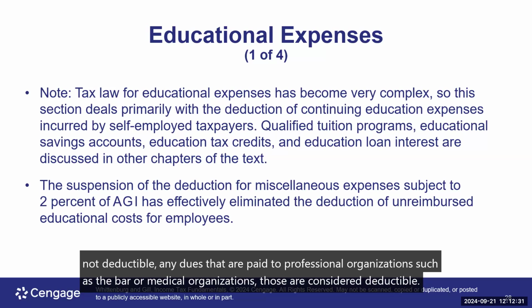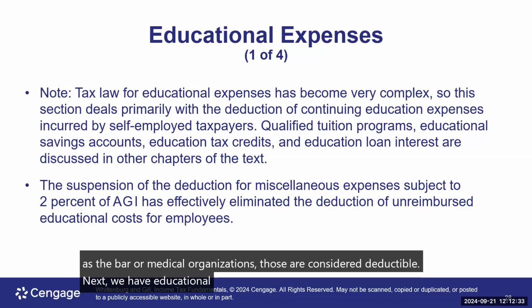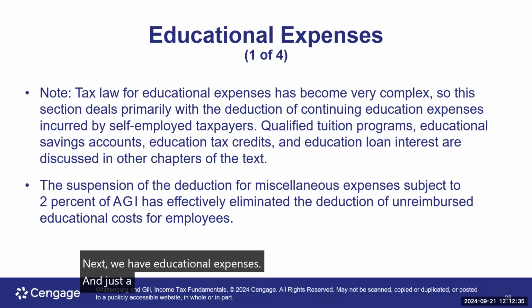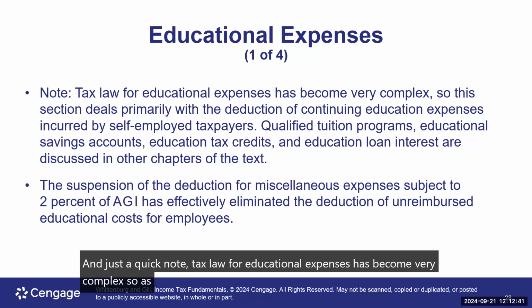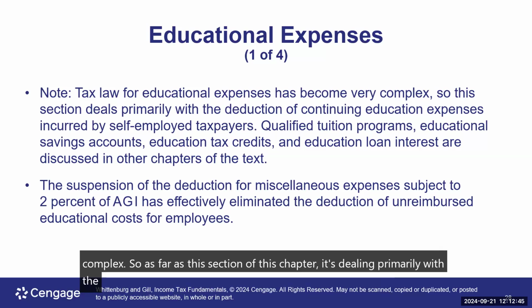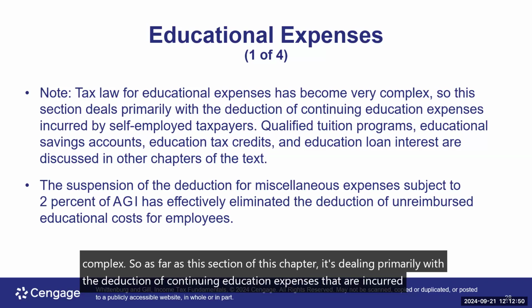Next, we have educational expenses. Just a quick note, tax law for educational expenses has become very complex. So this section of this chapter deals primarily with the deduction of continuing education expenses that are incurred by self-employed taxpayers.